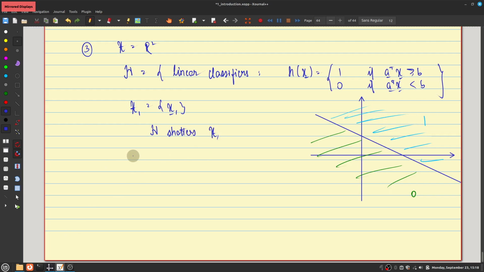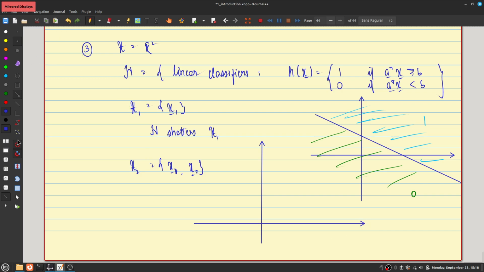That's X1. Okay, now let's look at X2. Take any 2 points, X1 comma X2, for every subset of size 2. Suppose this is my X1, this is my X2. Now if I wanted to get 0 comma 0, what should happen?